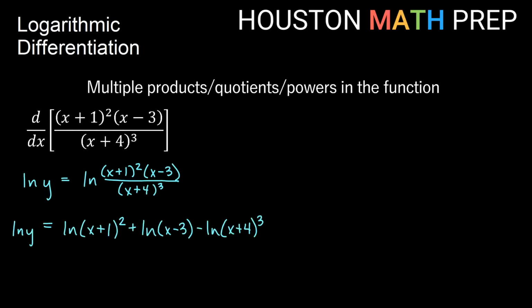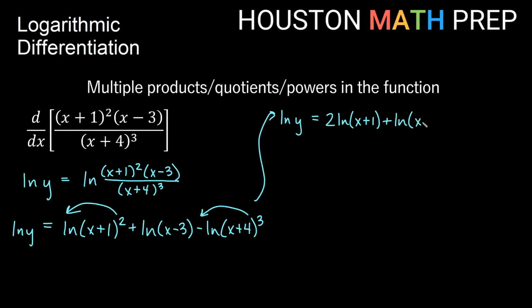We can do that. So I'm going to go ahead and say up here, ln of y is equal to, move this 2 to the front, and I'm going to move this 3 to the front. So this will be 2 ln of x plus 1 plus, we'll leave that ln of x minus 3. And then this last one here, minus 3 ln of x plus 4. Okay, so we've got an equivalent expression to this over here. We just broke it up into a bunch of pieces.